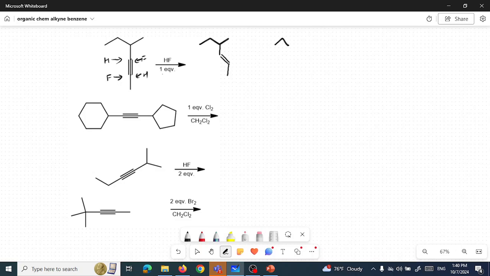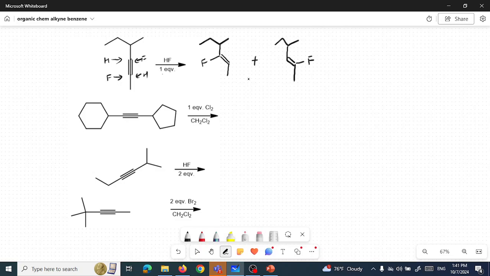So I would at least draw 2 of them out, one with fluorine on one of the carbons, and one with fluorine on the other carbon. There's really no preference here.